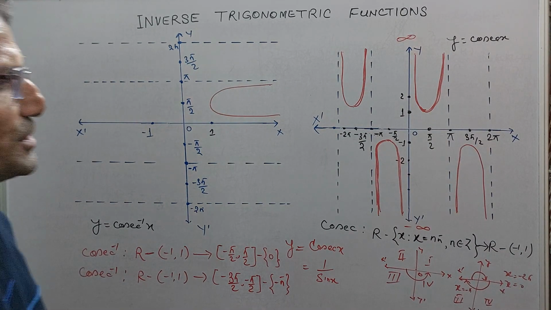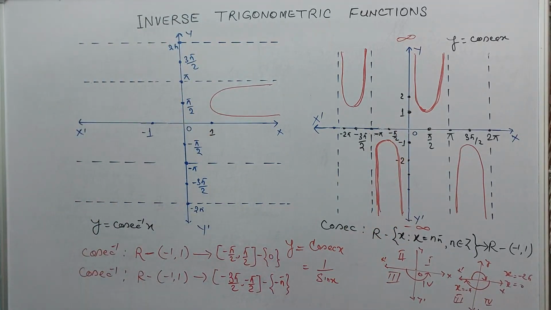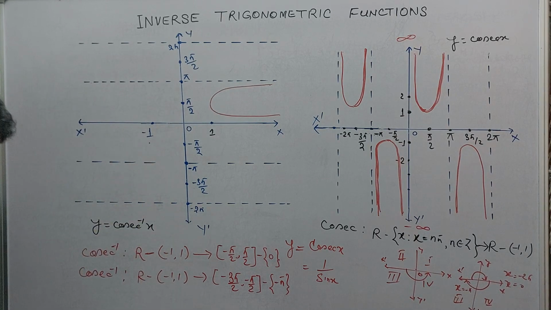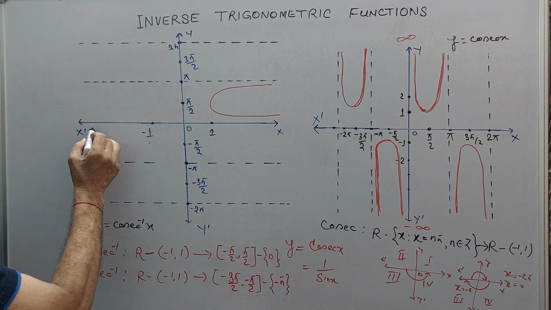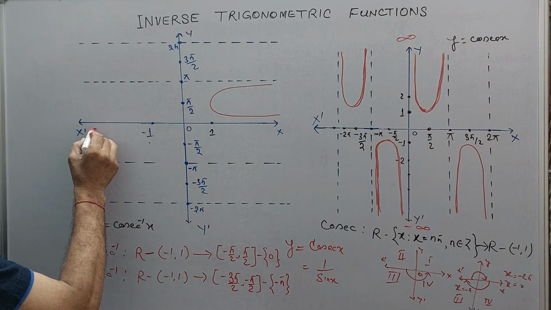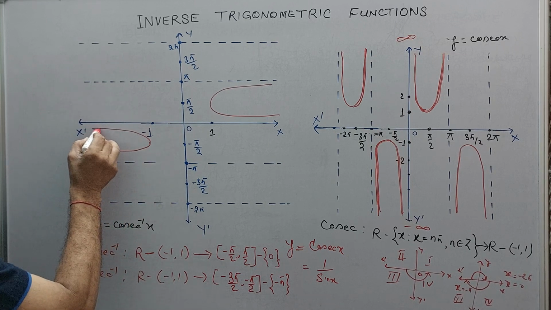Now the corresponding graph of this one will be from minus infinity, this side is minus infinity, it will go till minus 1, again go this side.